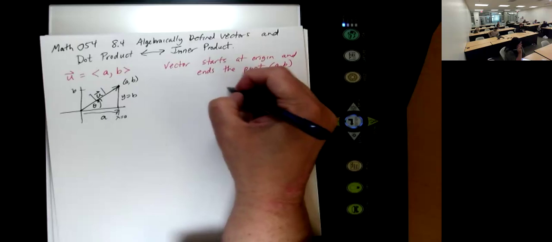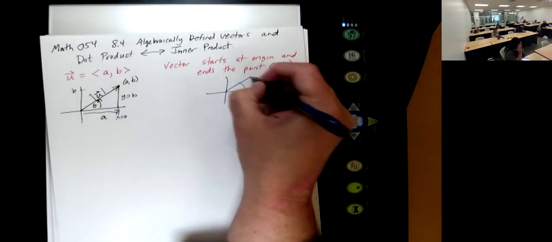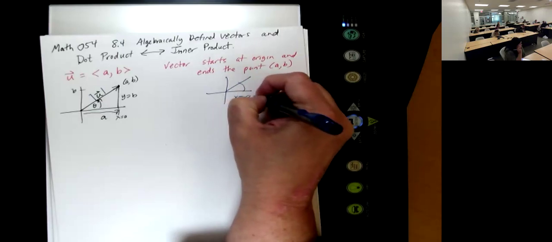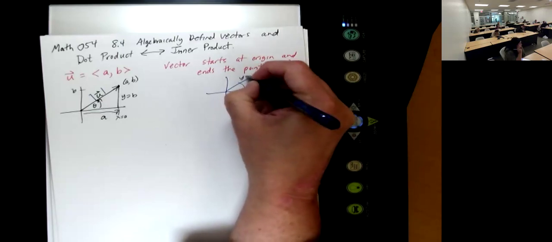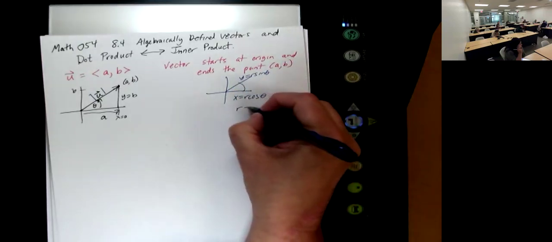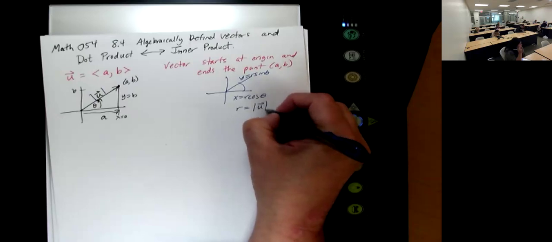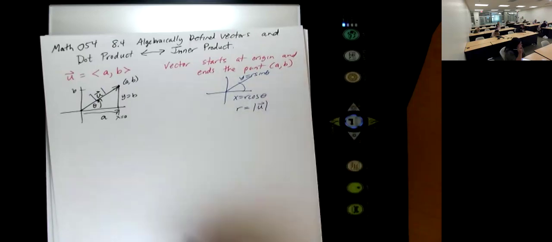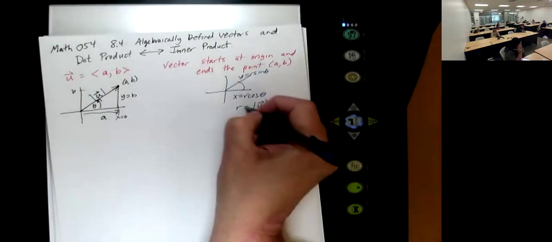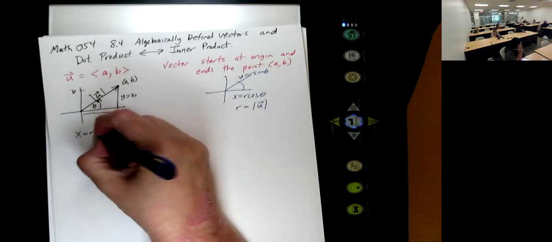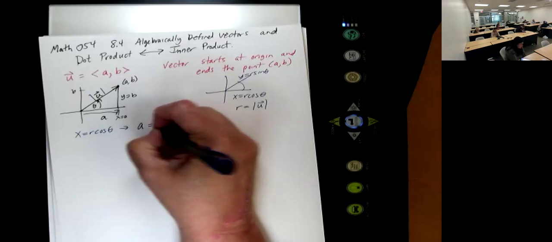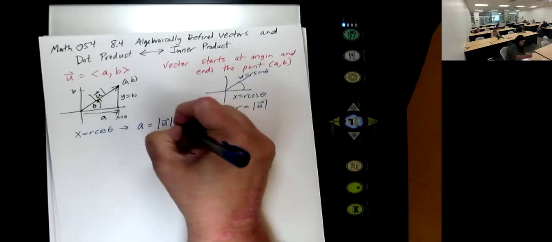And just like when we did the unit circle, we said x was r cosine theta and y was r sine theta. Well, here r is the magnitude of u. So that means my x equals r cosine theta turns into, pictorially, a equals magnitude of u cosine theta.